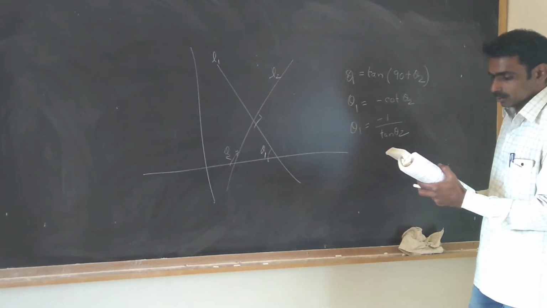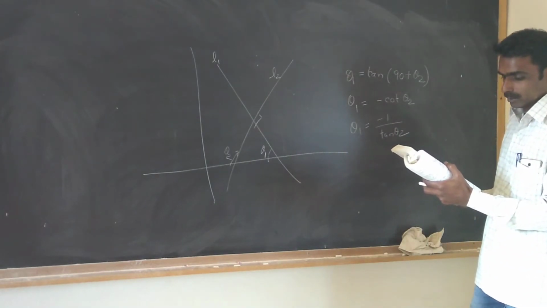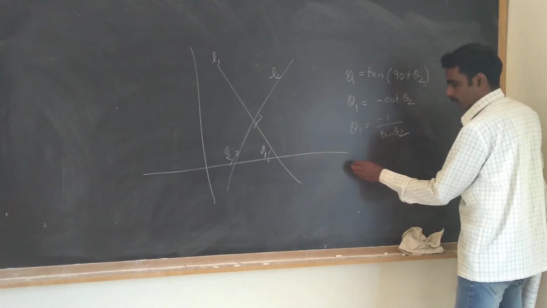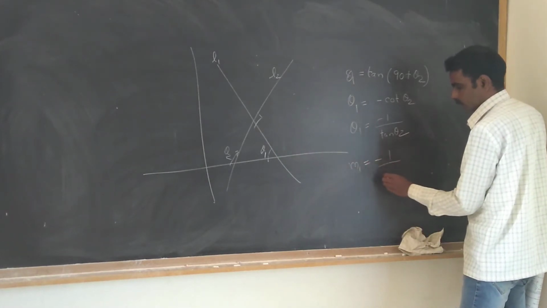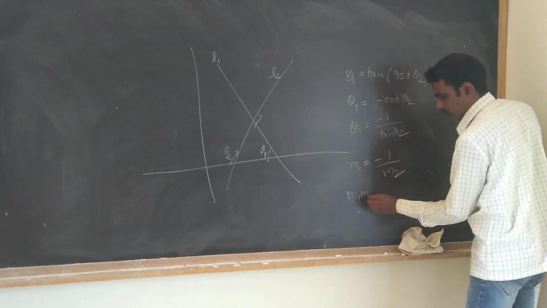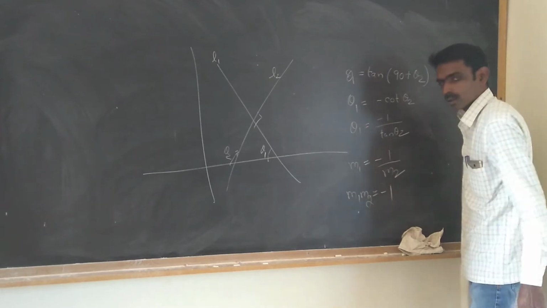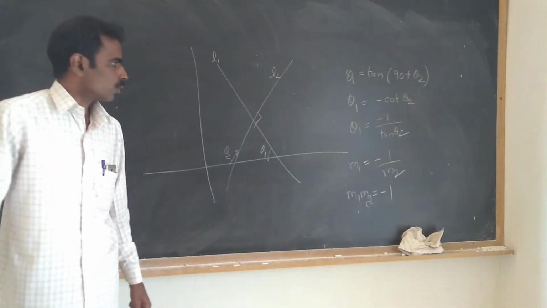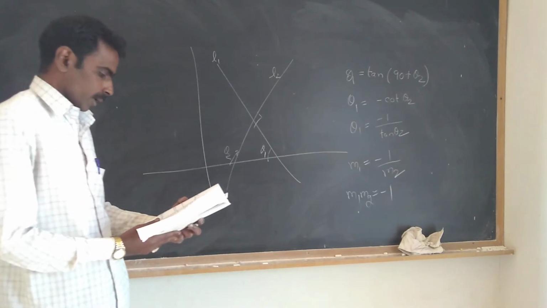This is going to imply that m1 is equal to minus 1 divided by m2, or you can say m1 into m2 will be equal to minus 1.